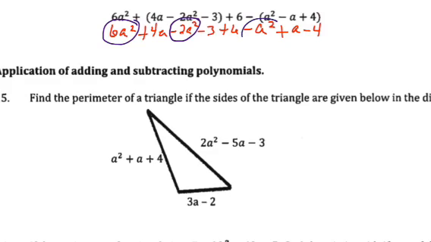So we have the a squareds. We have 6a squared, negative 2a squared, and a squared. That a squared is like 1a, negative 1a squared.